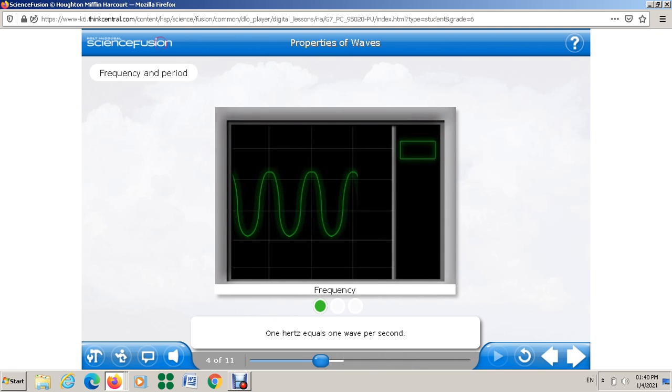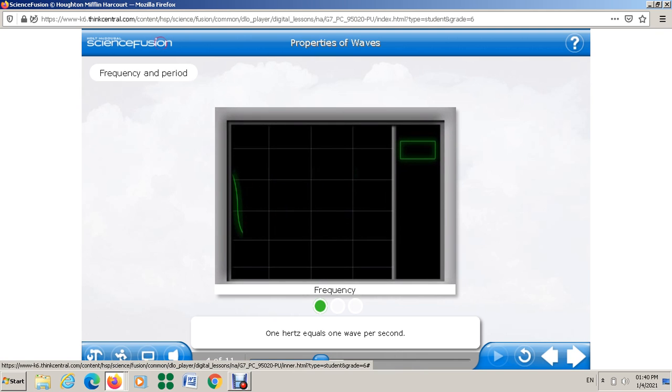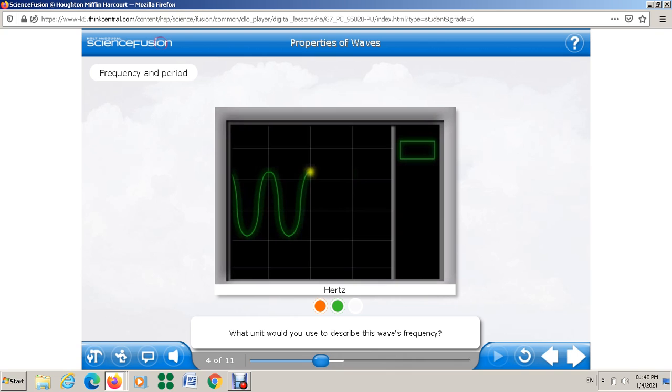One hertz equals 1 wave per second. Each vertical line on the chart shown here represents 1 second. This wave has a frequency of 1 wave per second, or 1 hertz. What unit would you use to describe this wave's frequency? Frequency is measured in hertz.